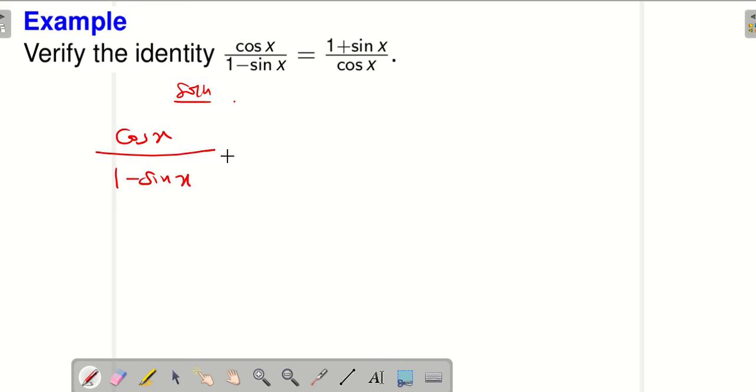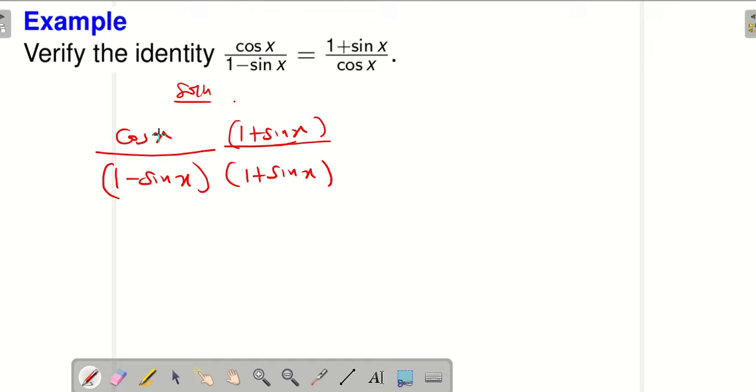Now I will multiply the denominator here by 1 plus sine x, the conjugate. Then I'll do the same thing for the numerator, which is 1 plus sine x. It means that I have not done anything to it because they can cancel.